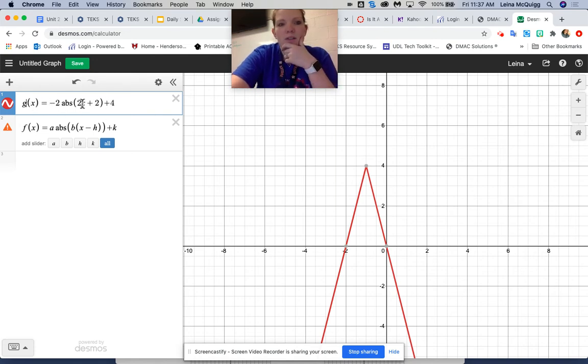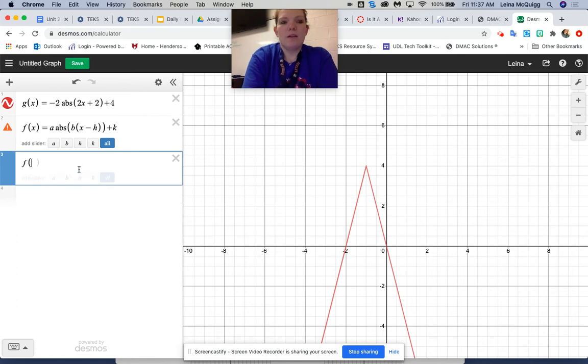So that's not what G of X looks like. It looks like BX plus some number. Well, if I were to distribute that B in my general function, then I would have A times the absolute value of BX minus, I have to distribute it to everything, BH plus K.